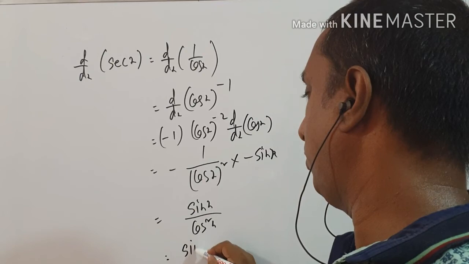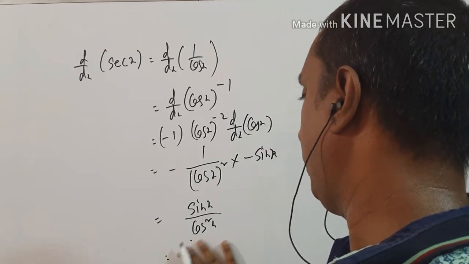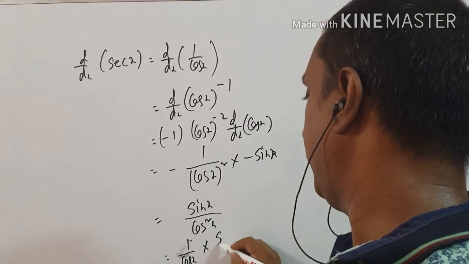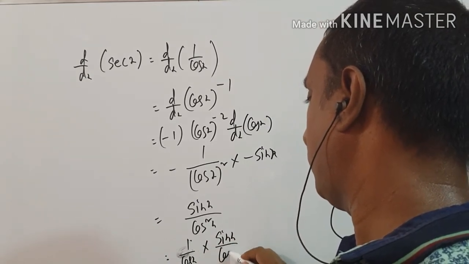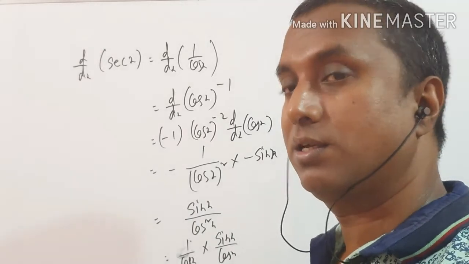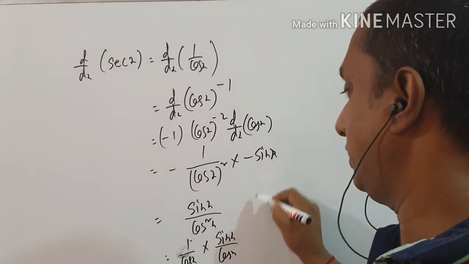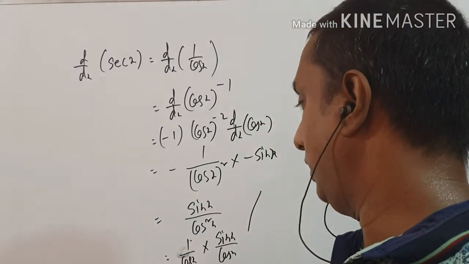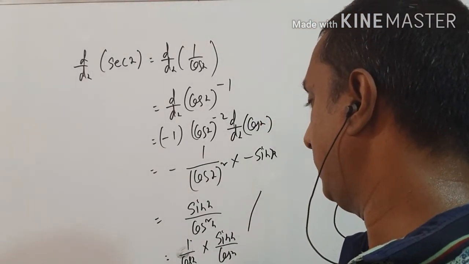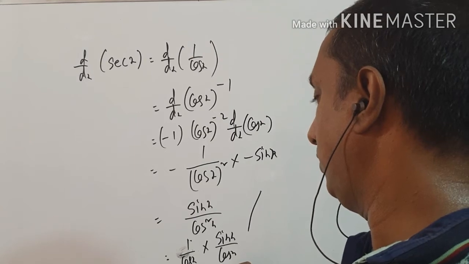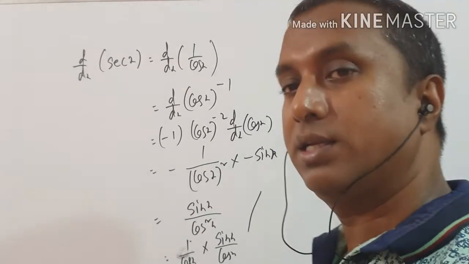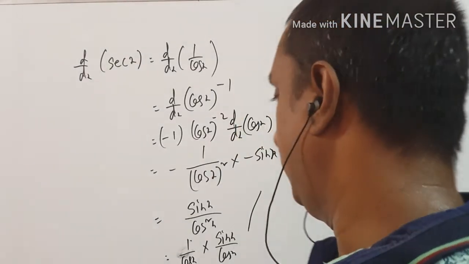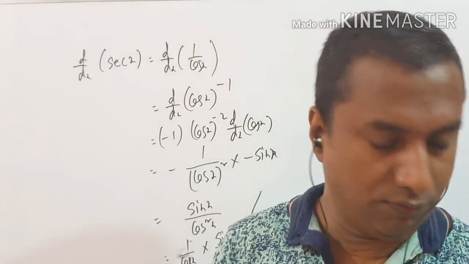We can simplify more: 1 by cos x into sin x by cos x. 1 by cos x is sec x, and sin x by cos x is tan x. So we have sec x tan x.